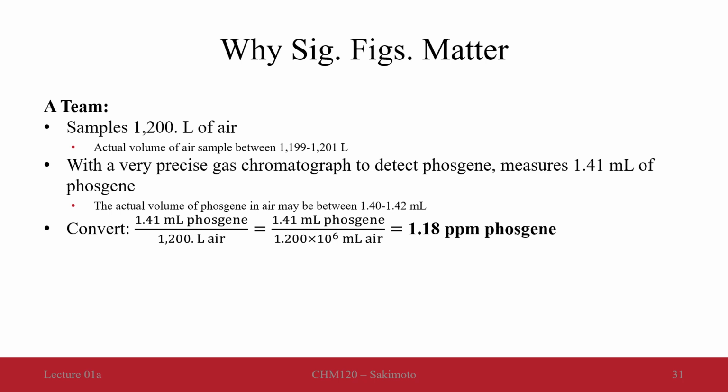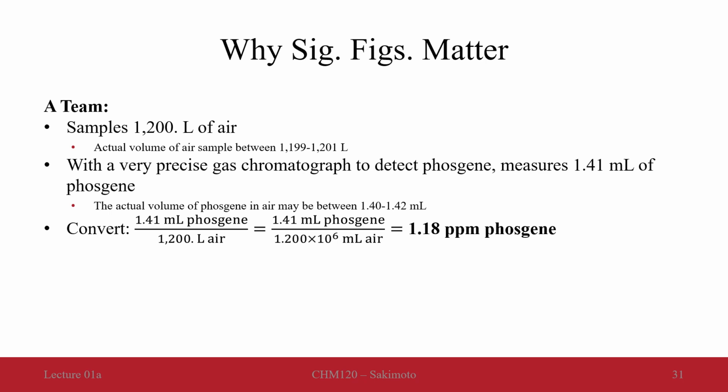To calculate the concentration, we take the amount of phosgene divided by the amount of air, or 1.41 milliliters divided by 1,200 liters. In the parts per million notation, we want to convert from liters to milliliters, so that both are in the same units. You don't have to worry too much about this conversion right now.